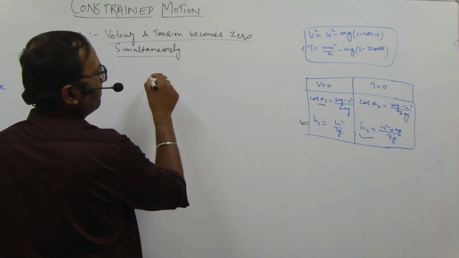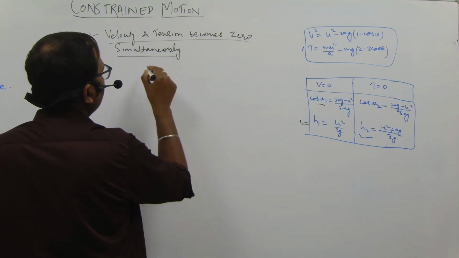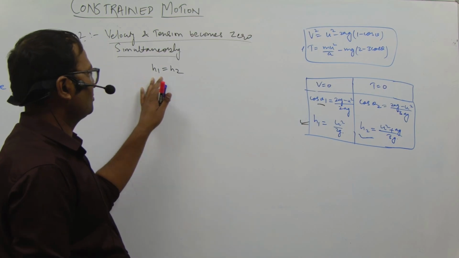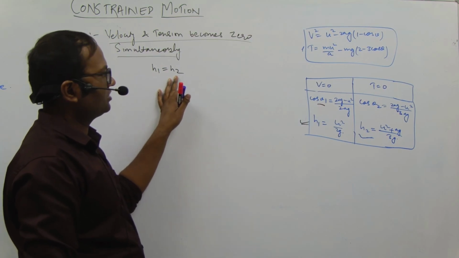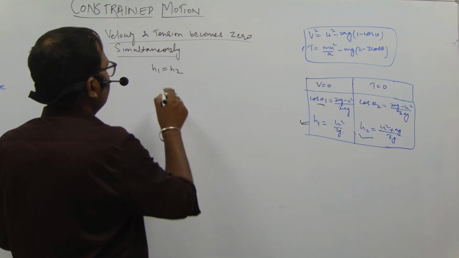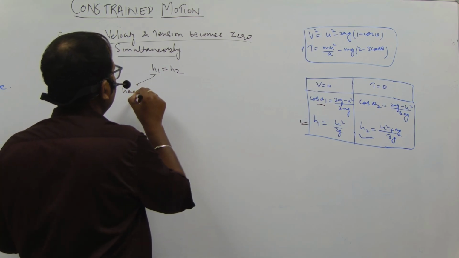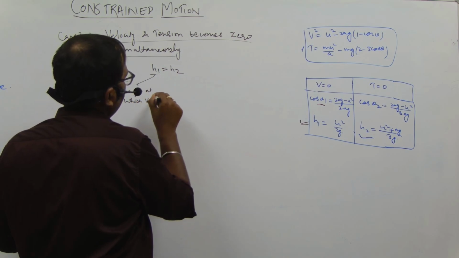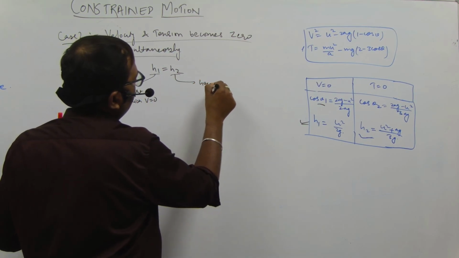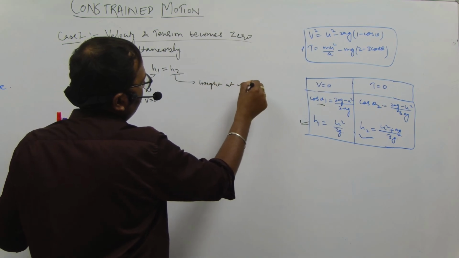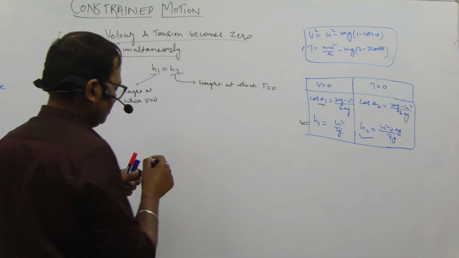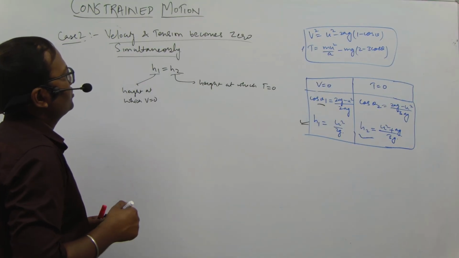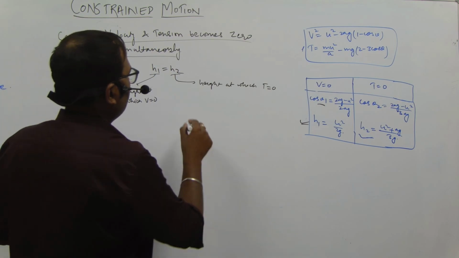In this case, h1 is equal to h2. h1 is the height at which velocity becomes 0, and h2 is the height at which tension becomes 0. So we have h1 is equal to h2 because the velocity and tension become 0 simultaneously.